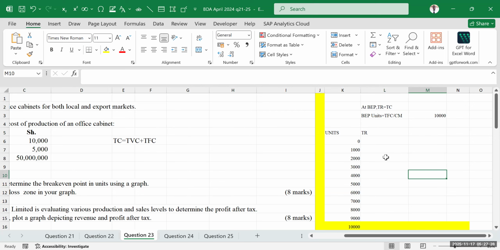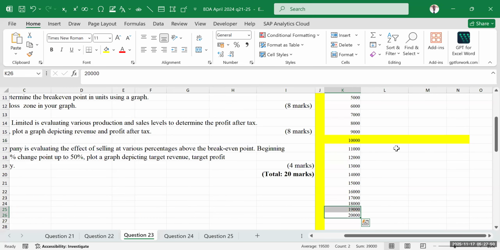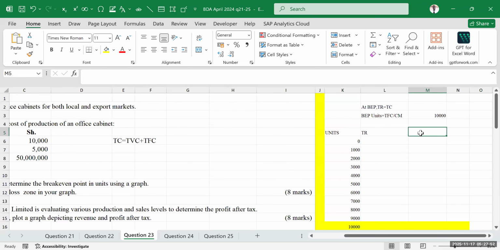Then, of course, cost has two aspects. We have fixed costs and variable costs. But before we do that, we need to bring on board total fixed cost, which remains constant. Fixed costs do not depend on units. Regardless of the units, whether it's 1,000, whether it's 10, whether it's 20, our fixed cost will always remain constant.